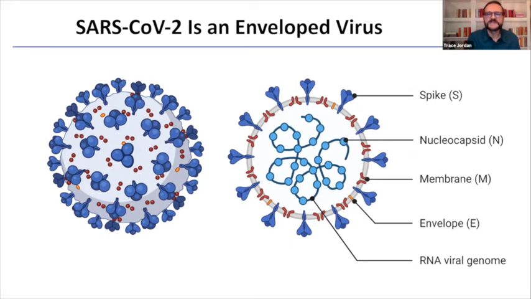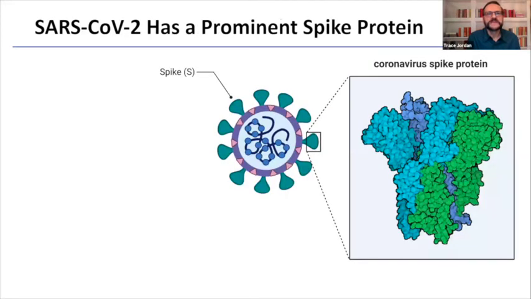And the spike is particularly important for understanding the structure and function of SARS-CoV-2. So let's take a closer look at this very prominent spike protein. In this diagram, you see that the spike protein has been enlarged, and we're getting a molecular level view of the protein in the box on the right.